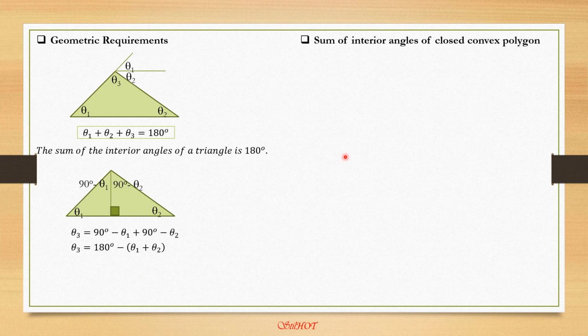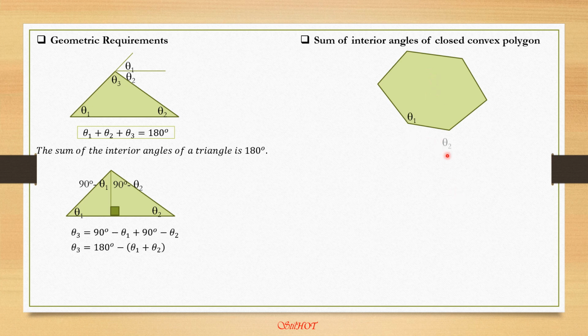Then we have the sum of interior angles of a closed convex polygon. By the way, a convex polygon is one in which, when two sides are extended, they will not cross the polygon. If any two sides are extended and will cross the polygon, then it is called a concave polygon.